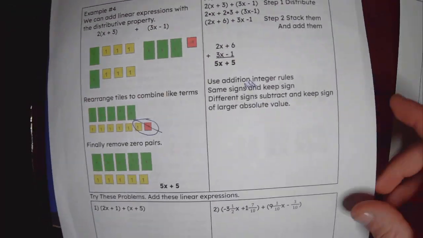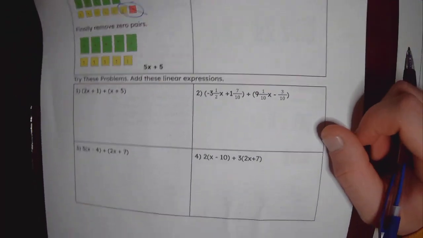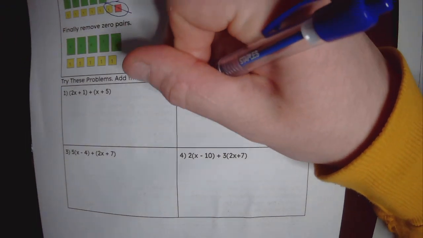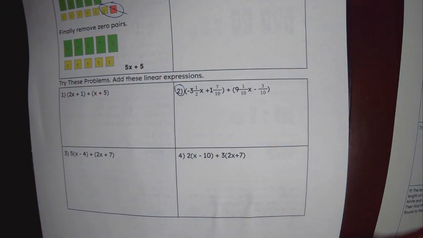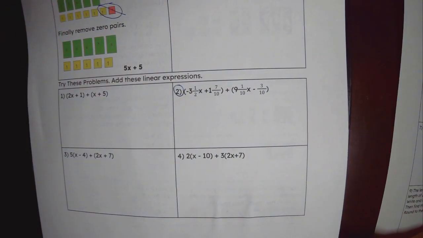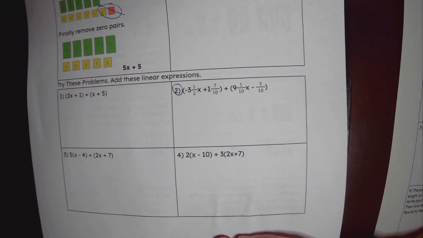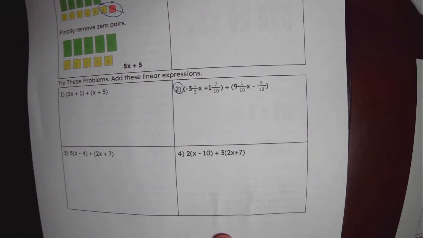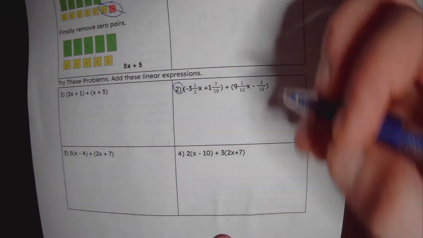All right. So these are problems that I'm going to have you try, but I specifically want to go over number 2 here because, look, we've got fractions we're dealing with. Okay, so we have to use our fraction rules here.